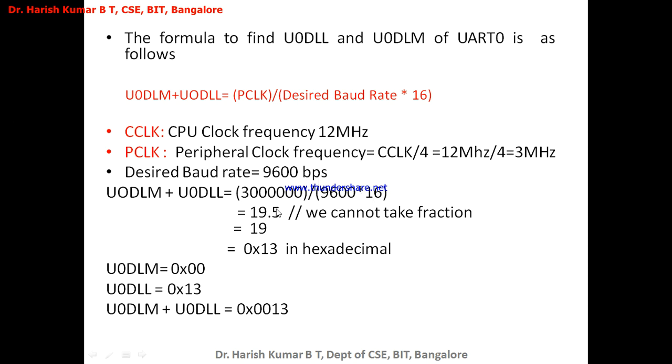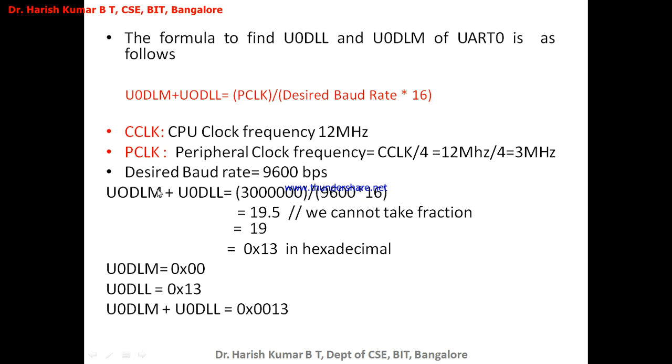Now we cannot use the fraction here because you cannot write fractions to the registers. That is why I am taking it as 19. If it is 19.6, then I would have taken it as 20. Since it is 19.5, I have taken it as 19, and 19 in hexadecimal is 0x13. Now together these two registers are 16 bits.